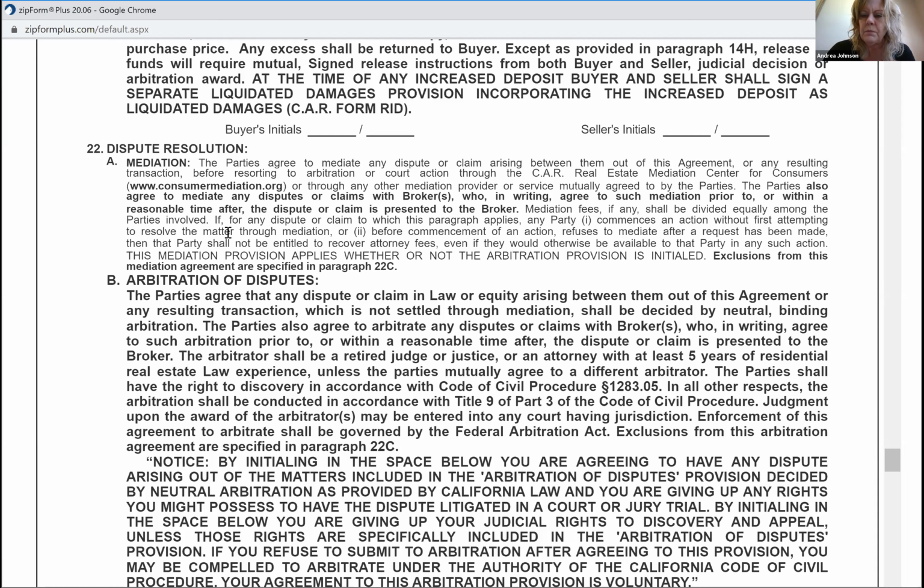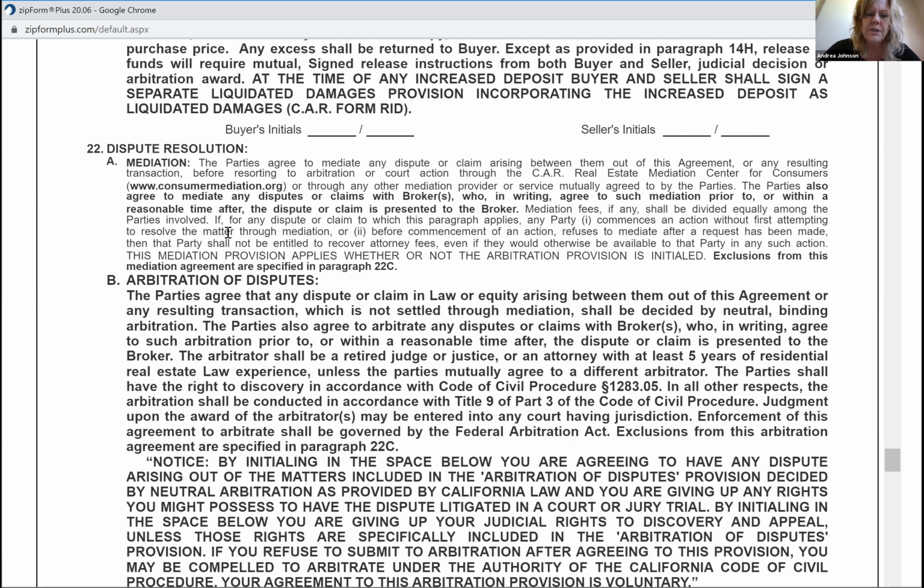The parties also agree to mediate any disputes or claims with brokers who in writing agree to such mediation prior to or within a reasonable time after the dispute or claim is presented to the broker. Mediation fees, if any, shall be divided equally among the parties involved. If for any dispute or claim to which this paragraph applies, any party commences an action without first attempting to resolve the matter through mediation, or before commencement of an action refuses to mediate after a request has been made, then that party shall not be entitled to recover attorney fees, even if they would otherwise have been available to that party.